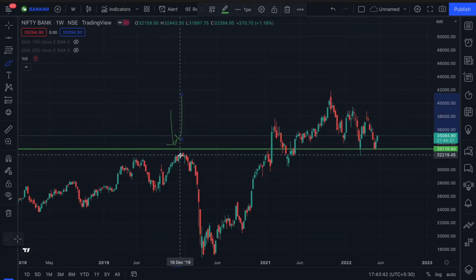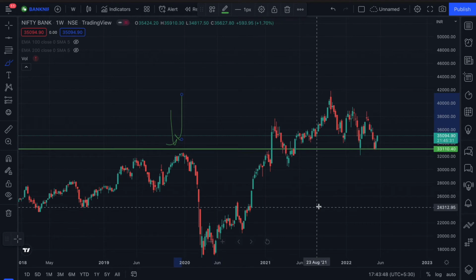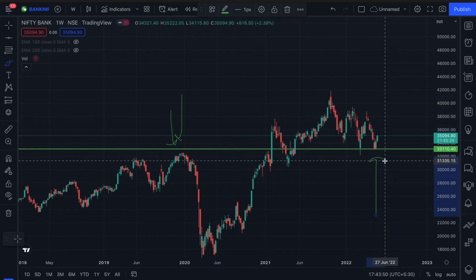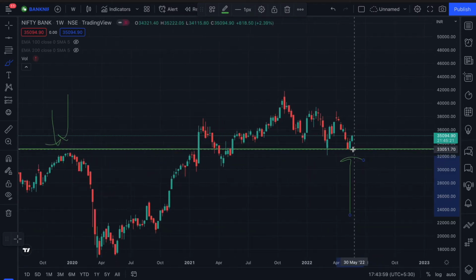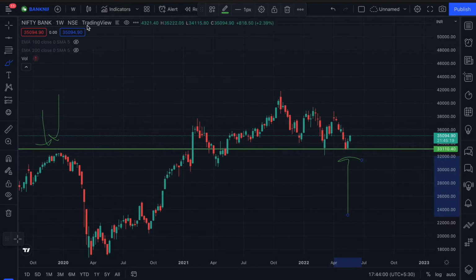So Bank Nifty before the COVID era was around the 32,420 mark, after which it fell. And what you can see right now is also the fact that the price has reversed from this area only, 32,500 to 33,000. Here in this case this was at 33,000.